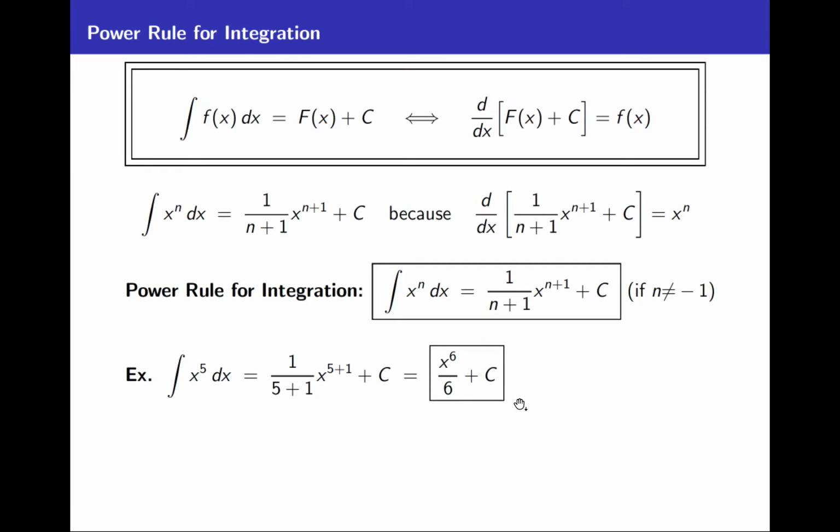And whenever you work out an integral like this, the set of all antiderivatives of x to the 5th in this case, you can always check your work by taking the derivative of the answer that you got and making sure it gives you what you had here, which is called the integrand. And sure enough, if you differentiate x to the 6th over 6, you get x to the 5th.